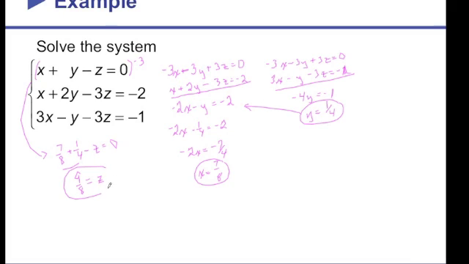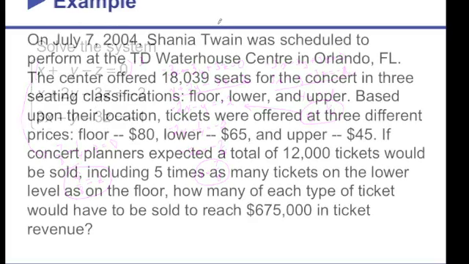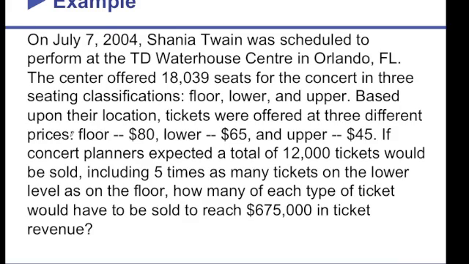And I now have all three solutions. And you can check those in all three equations, or in these two equations, and fill them in also, and it does check. Now here's a situation, a real life example.